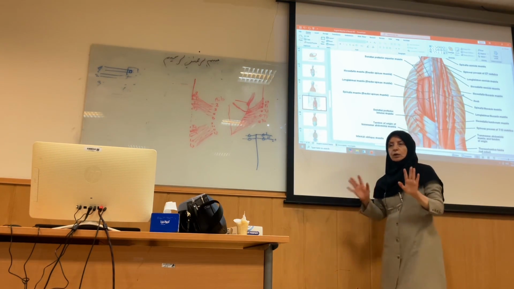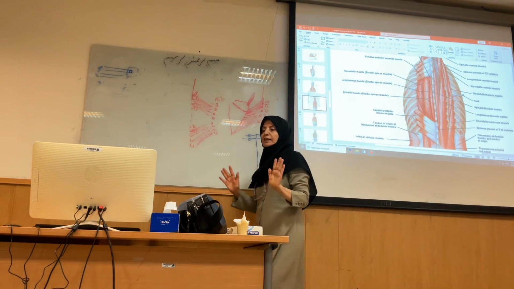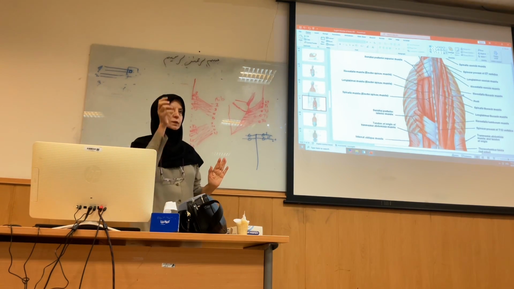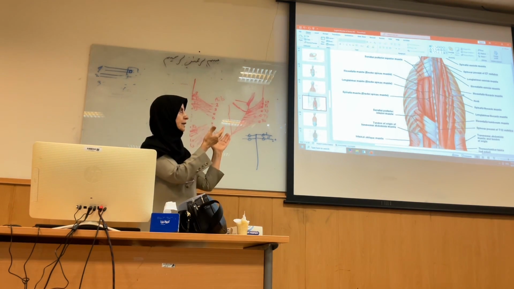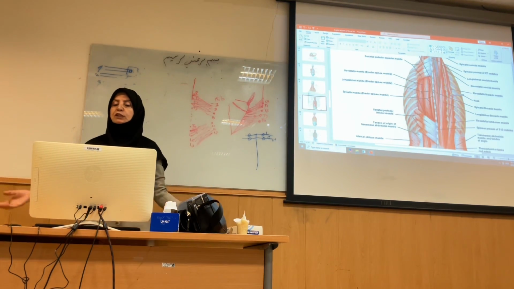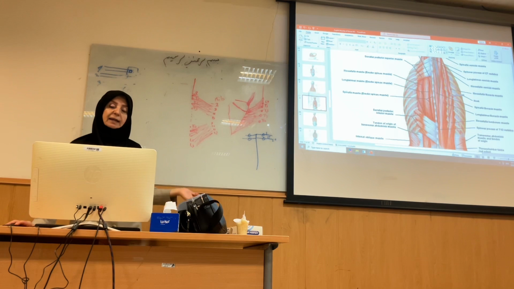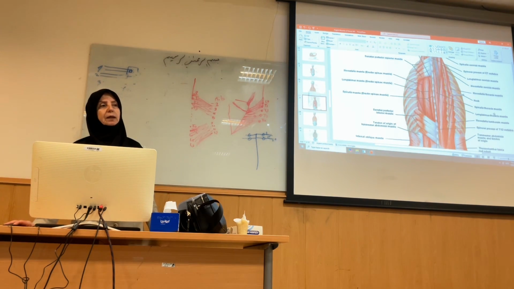Okay? You only need to know the superficial layer of the erector spinae consists of three groups of muscle on each side. Which of them is lateral? Iliocostalis. Which of them is medial? Longissimus. Which of them is near the vertebral column?